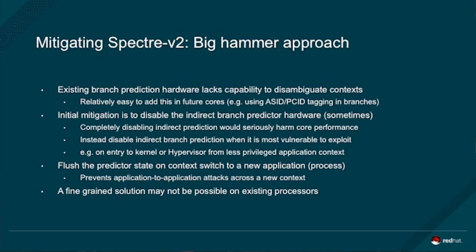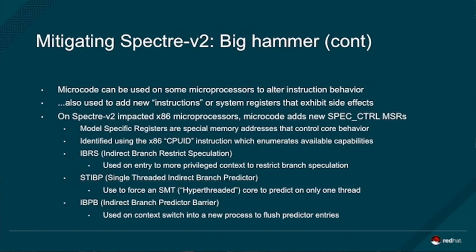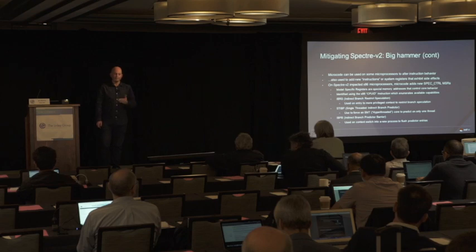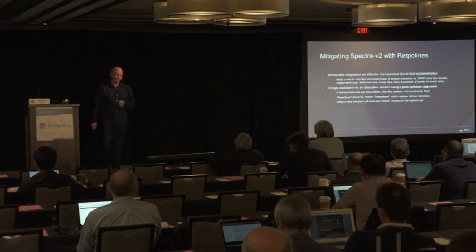There's a couple of different approaches. There's a big hammer approach, and we've added various instructions. For example, on x86, IBRS, indirect branch restricted speculation, says: I'm about to go into the operating system, and I would like to restrict speculation based on indirect branches. It's going to hurt performance, but you're not going to hit this condition. And then we have a barrier we've added, the indirect branch predictor barrier, that will flush the branch predictor state.